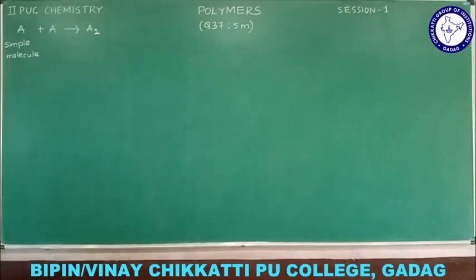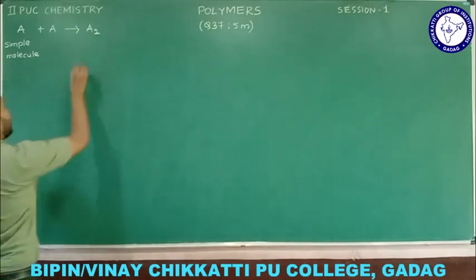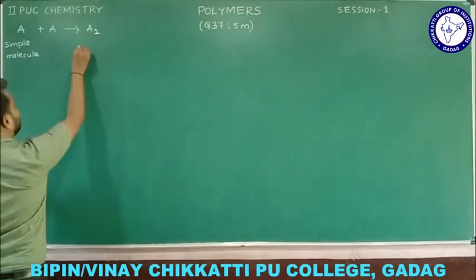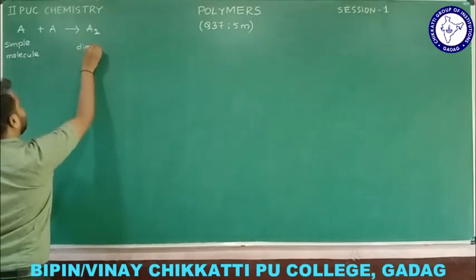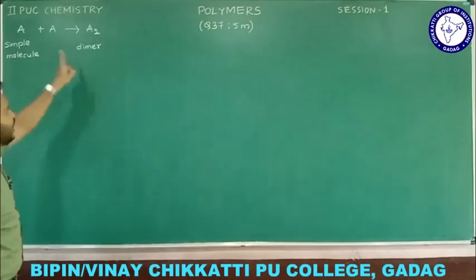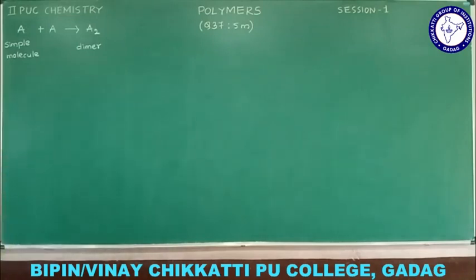Here these A's are simple molecules. They unite, they combine, and you get a molecule with 2 A units, and I call this a dimer. Mer stands for units. 2 simple units we have in this molecule A2, therefore I call it a dimer.